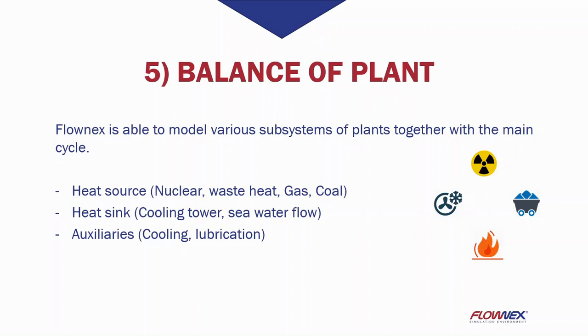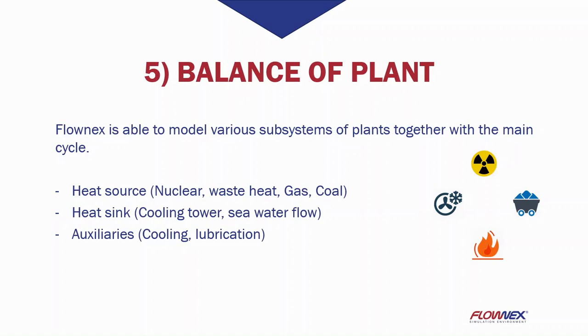Also, one can model various auxiliary systems such as fire safety systems, secondary cooling systems, and lubrication systems. FlowNEX provides the perfect environment where these systems can be linked with the main cycle to find quick and profitable engineering solutions to difficult system-level problems.